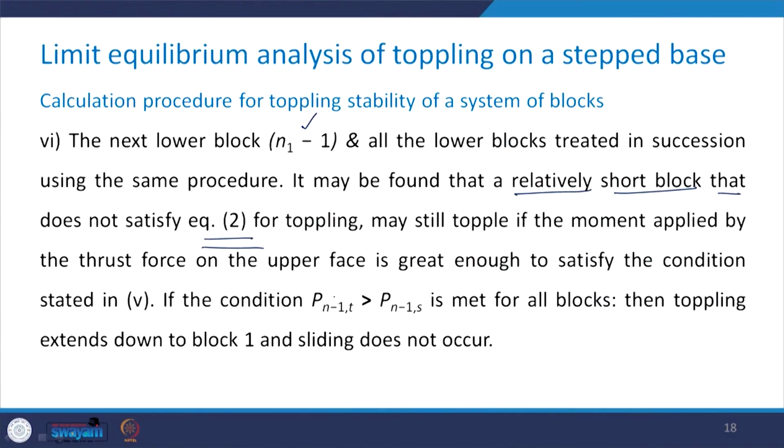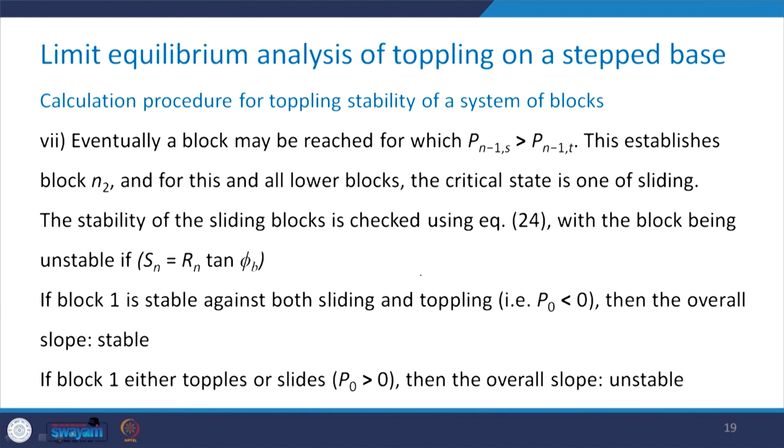Now, if the condition, that is Pn minus 1 toppling is more than Pn minus 1 sliding, is met for all the blocks, what does that mean? That the toppling extends down to block number 1 and sliding will not occur at all for all the blocks on that slope. Now, eventually a block may be reached for which Pn minus 1 sliding is more than Pn minus 1 toppling.